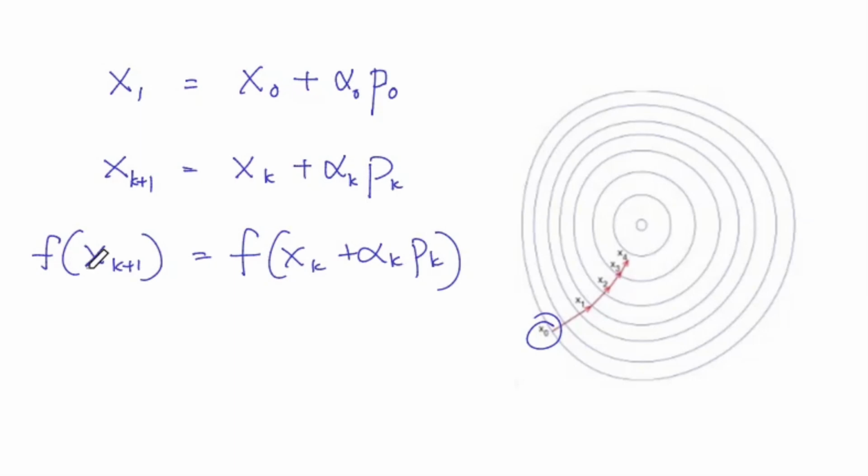But you see, let's say we are at a certain point here, and this point is already fixed. We already know we are here. Then s_k is a constant.